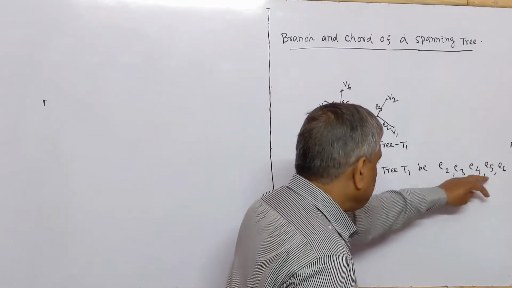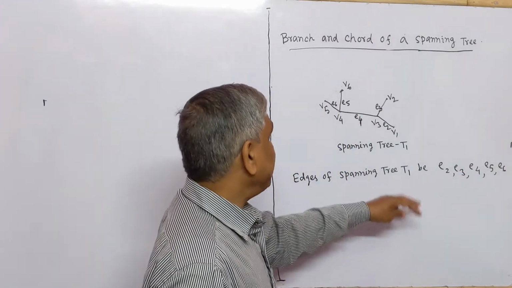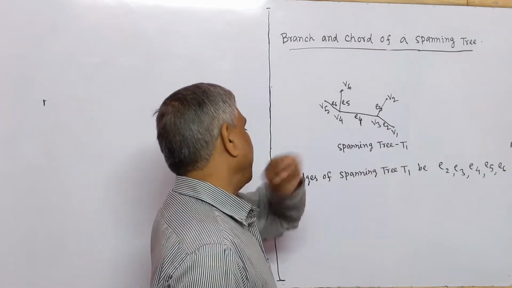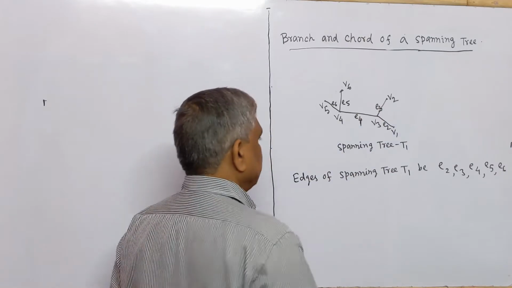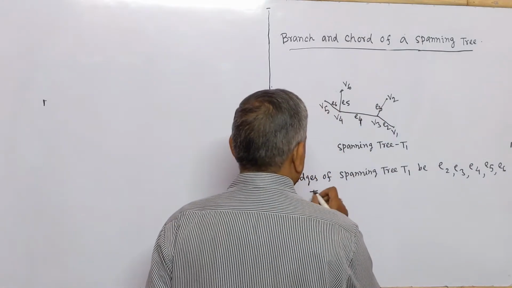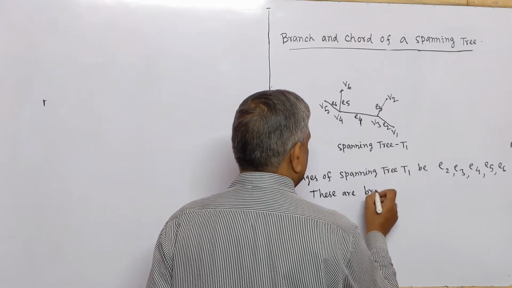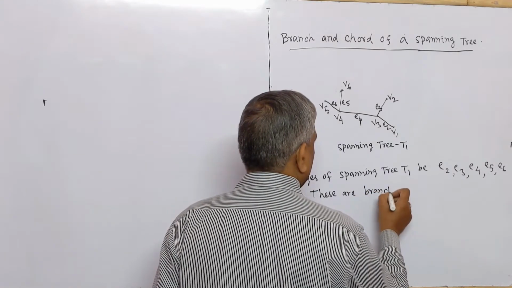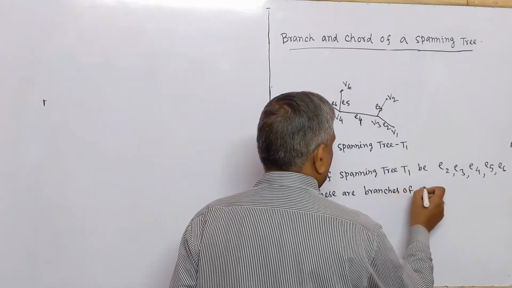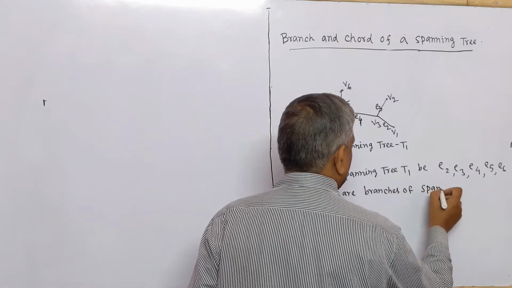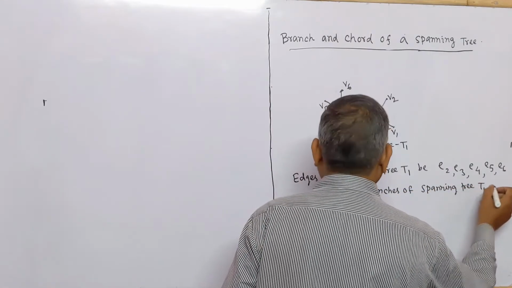These edges are called branches of the spanning tree T1.